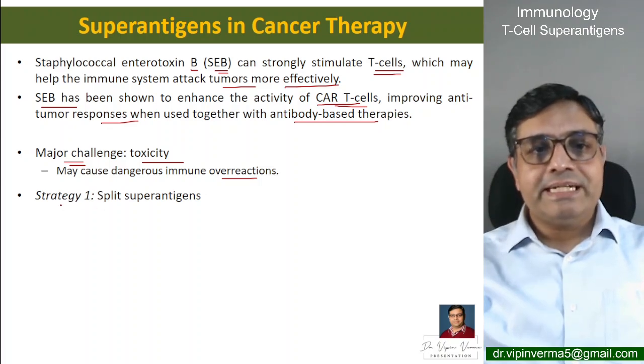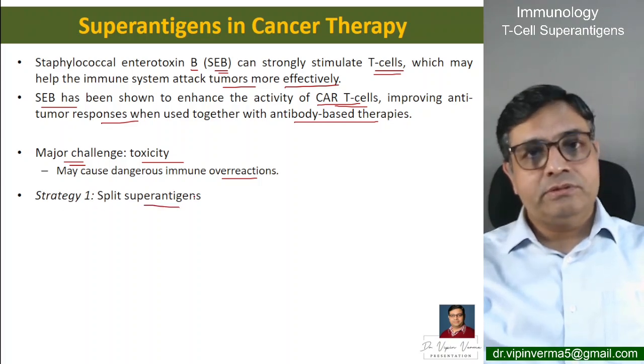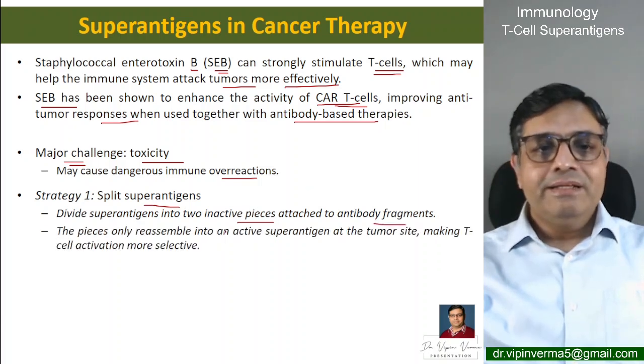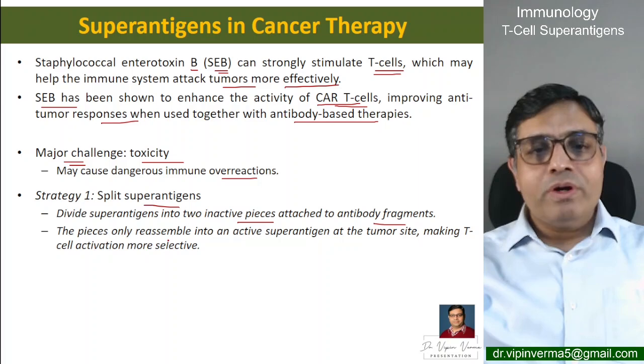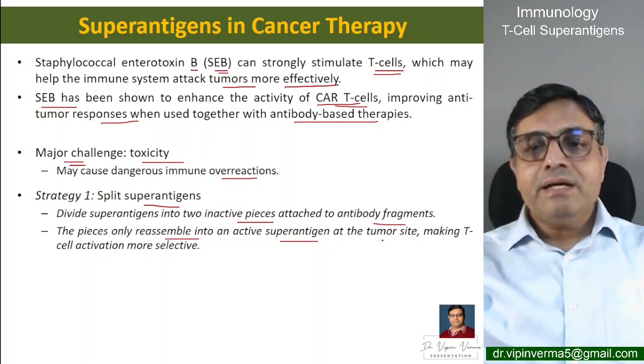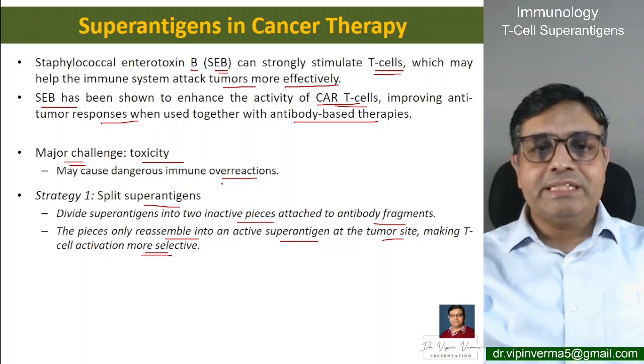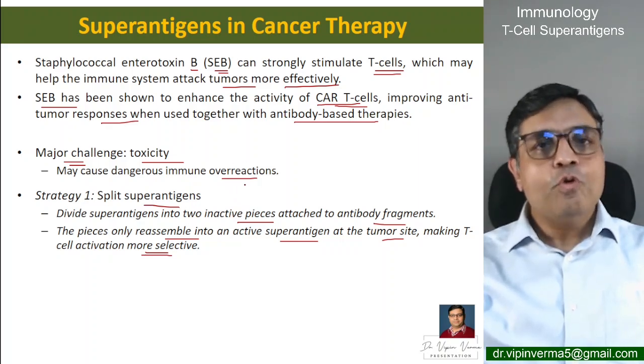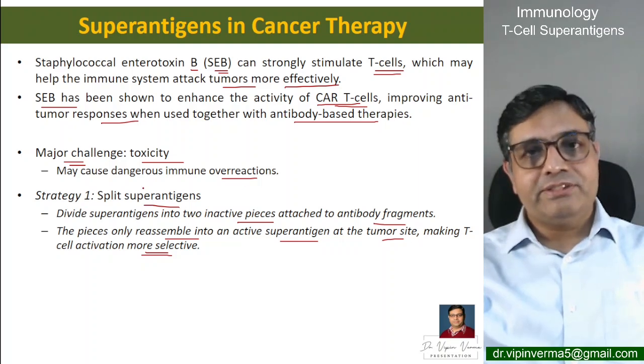The first strategy is to split superantigens and divide them into two inactive pieces. Then you attach two antibody fragments, and these pieces only reassemble into an active superantigen at the tumor site. So T cell activation becomes more selective, reducing the incidence of overreactions. That is the first strategy.